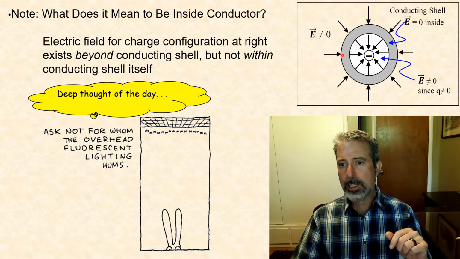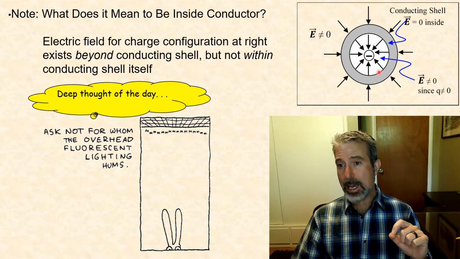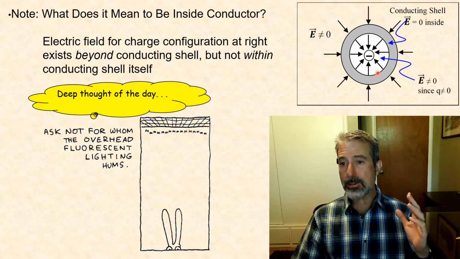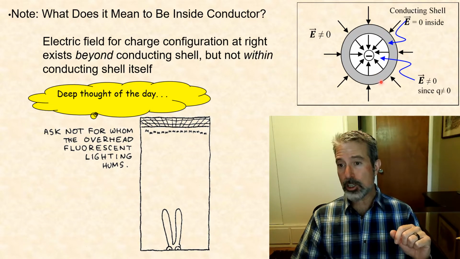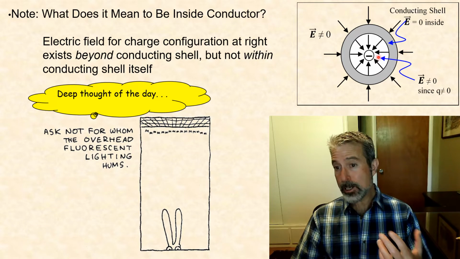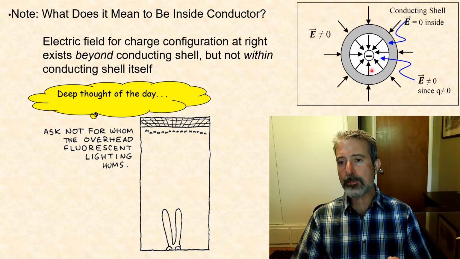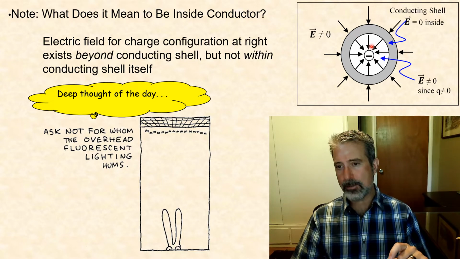The material of the conductor, the metallic atoms, is only the gray colored area you see on the screen. So what I'm saying is that the electric field inside of the gray area, where you actually have the conducting medium, must be zero. Although, because there happens to be a charge inside this hollow cavity, the electric field doesn't have to be zero inside of that hollow cavity.